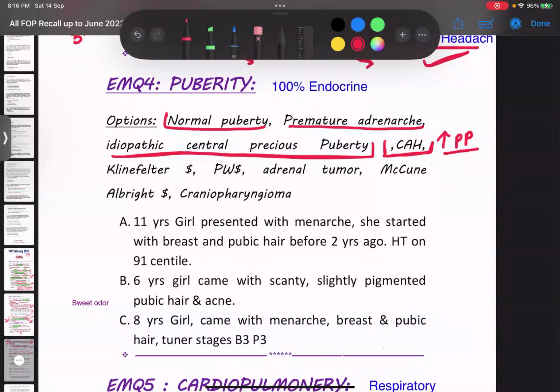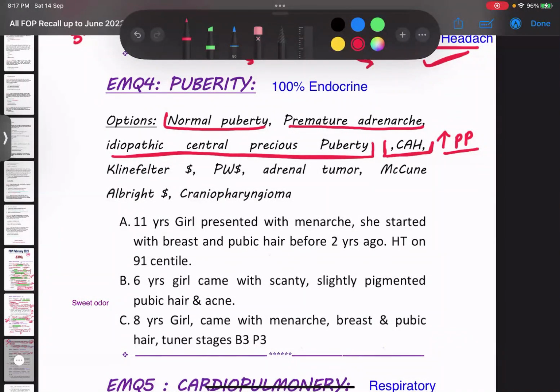Peripheral, because increased testosterone or increased estrogen is associated with peripheral precocious puberty, or we can say gonadotropin independent precocious puberty. If follicle stimulating hormone and luteinizing hormone are increased, then we call it central precocious puberty or gonadotropin dependent precocious puberty.